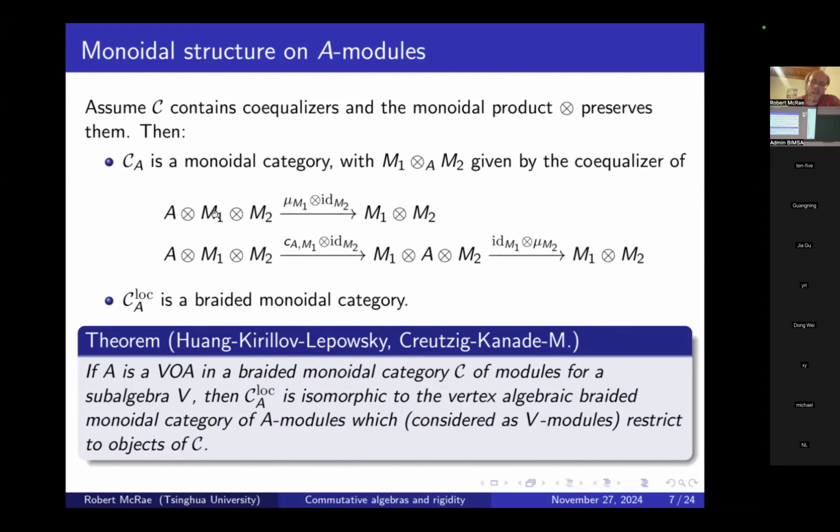You could have A act on M1, or you could use the braiding to move A over M1 and then have A act on M2. And you want the tensor product in CA to be the quotient that makes these two actions equal to each other. So that gives CA the structure of a monoidal category, and then CA local is a braided monoidal category because the braiding on C induces a braiding on CA local.